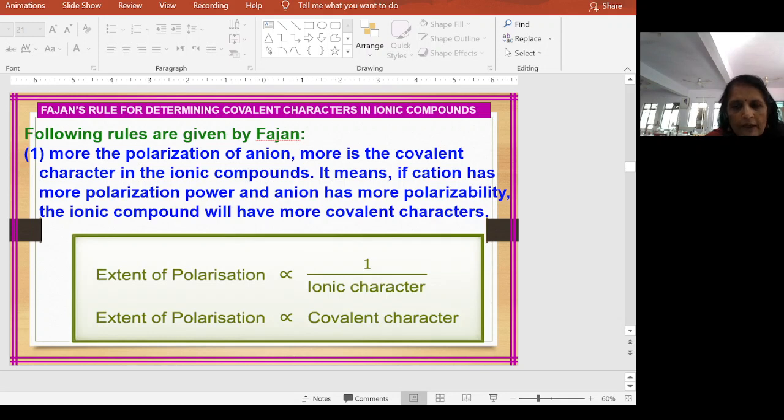If more polarization is there, it will have more covalent character. That means in lithium chloride, the example I have quoted, the covalent character will be more than in sodium chloride. Why? Because the extent of polarization in lithium chloride is greater than in sodium chloride. So the cation which has more polarization power will have more covalent character.